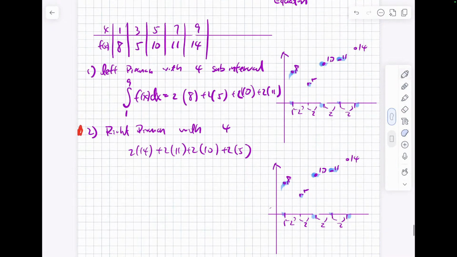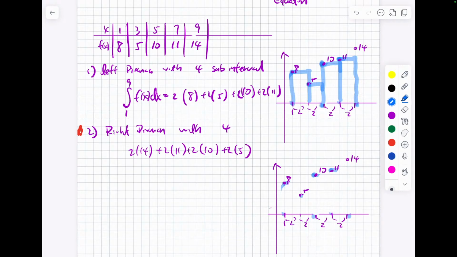One is the left Riemann sum, which is the blue one. It's just 2 times the height. So it'll be 2 times 8, 2 times 5, 2 times 10, 2 times 11. I don't use 14 because it's not needed when I'm using left.